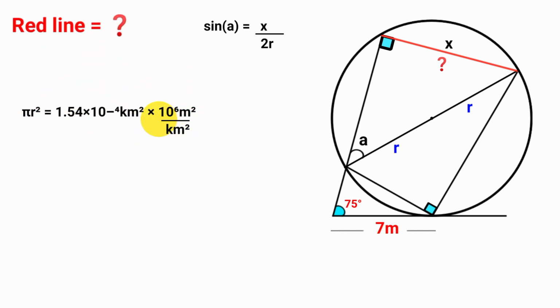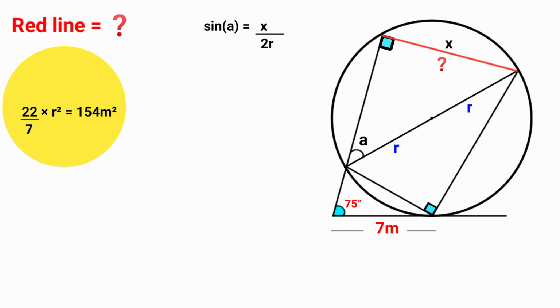This kilometer squared cancels this kilometer squared. 10 raised to the power minus 4 multiplied by 10 raised to the power 6 by indices is 10 raised to the power minus 4 plus 6. Minus 4 plus 6 is 2. 10 squared is 10 times 10, which is 100. 1.54 times 100 meters squared is 154 meters squared. So pi r squared equal to 154 meters squared.